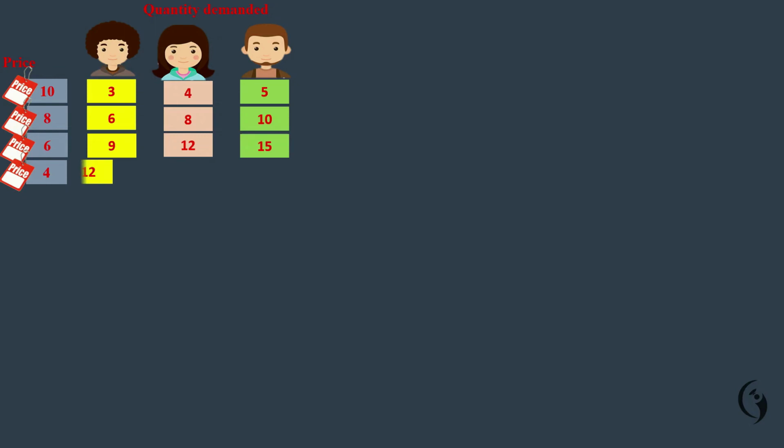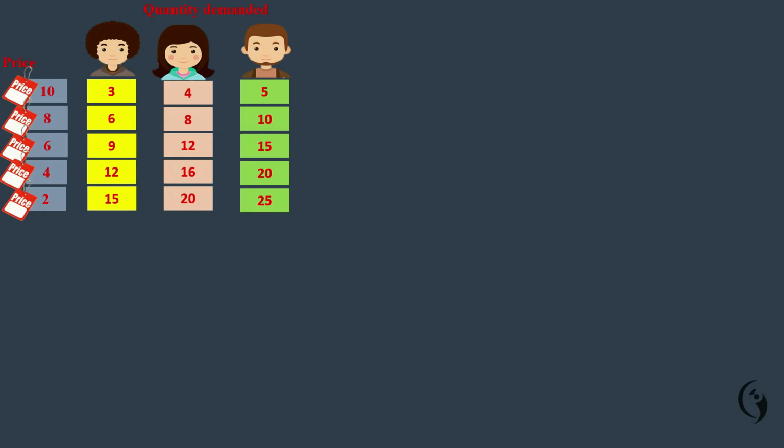If the price is 4, the persons will consume 12, 16 and 20. If it is 2, the first person consumes 15 quantities of the commodity, the second person 20, and the third person 25.